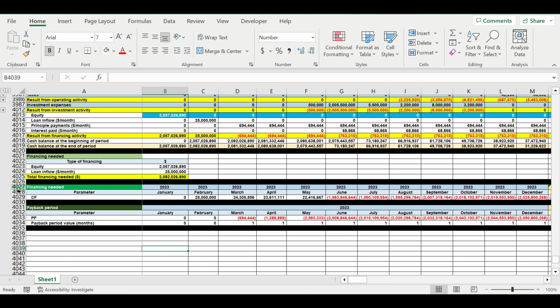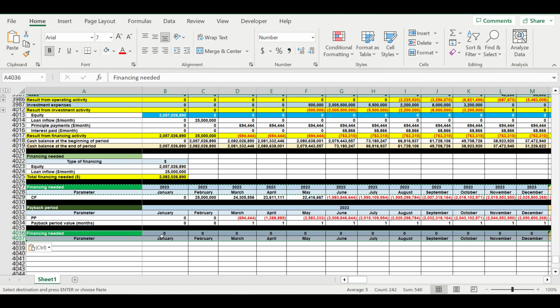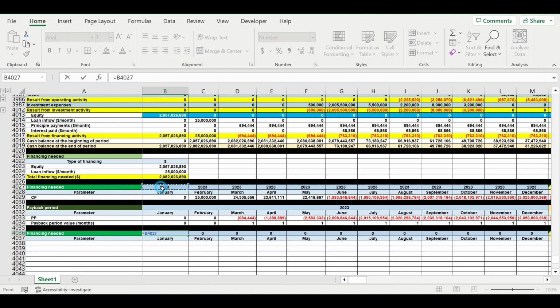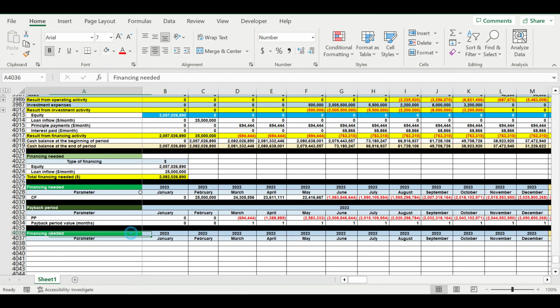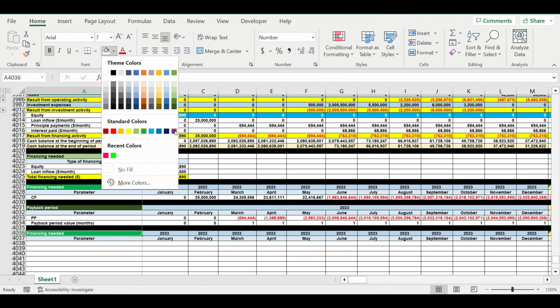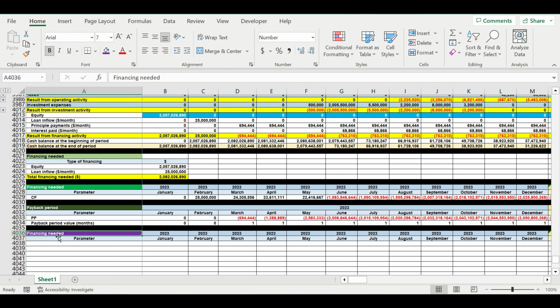So let's copy the timeline. So this will be profit and profitability.